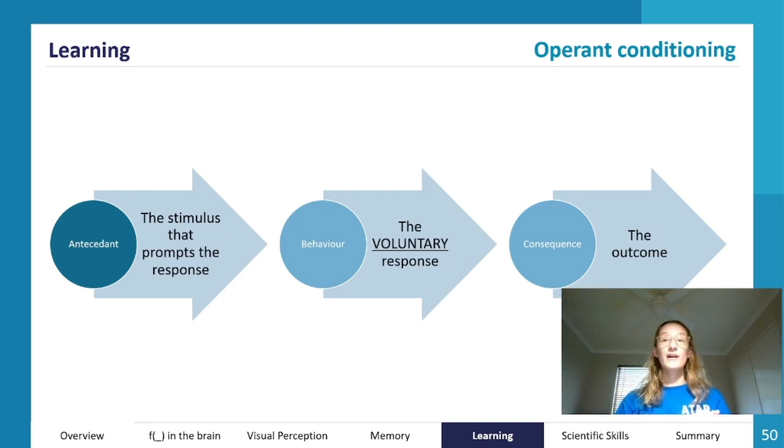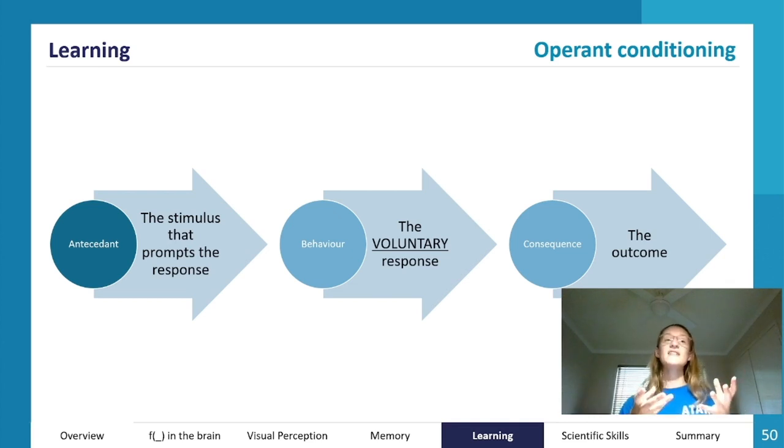The consequence, which is the outcome: the parents might put the child in timeout. That could be the consequence. The idea is that the consequence isn't desired. The child doesn't want to go to timeout. So the goal of that is to shape future behavior.